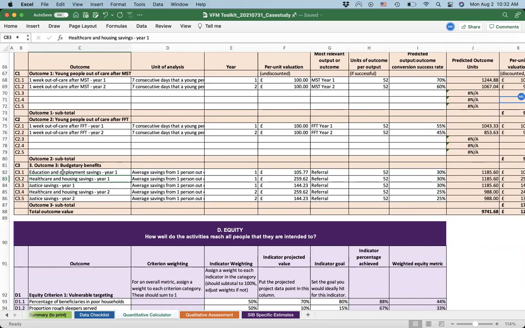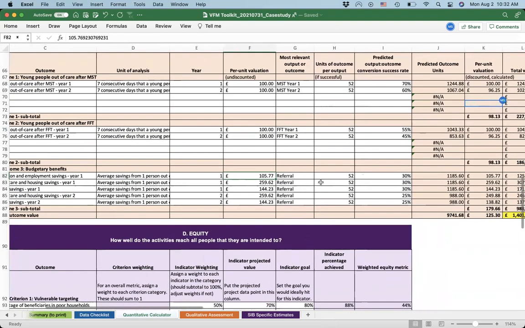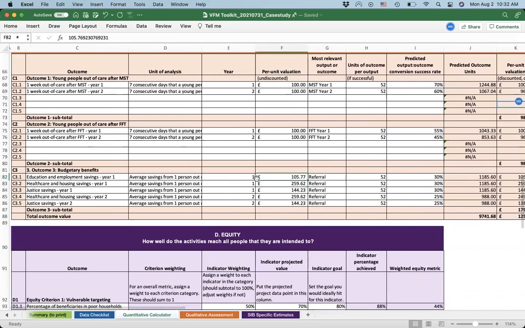And you can actually reflect that in this toolkit. So in this case study, for example, we have education savings, employment savings, and we've calculated that per week, perhaps the education and employment savings is about £105 to the community or to the council.